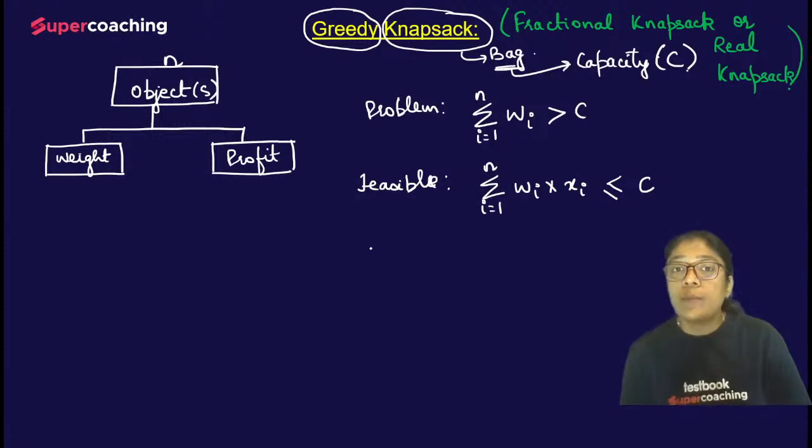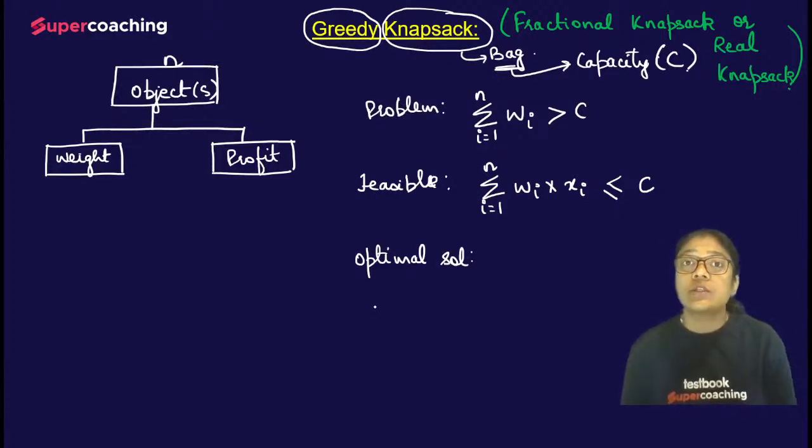Now what will be the optimal solution, meaning the best possible solution? The optimal solution here is to earn more and more profit. Correct? The ultimate goal is to get more profit. So how will you get more profit?